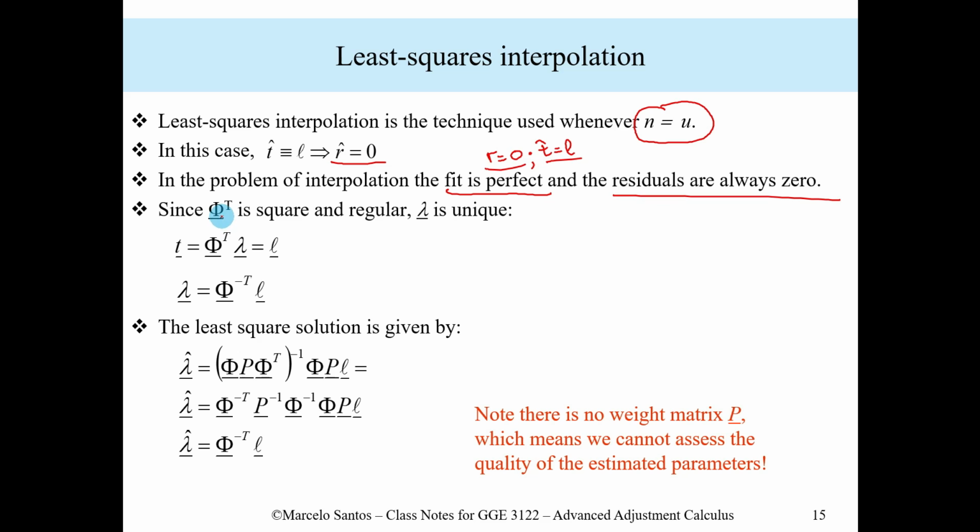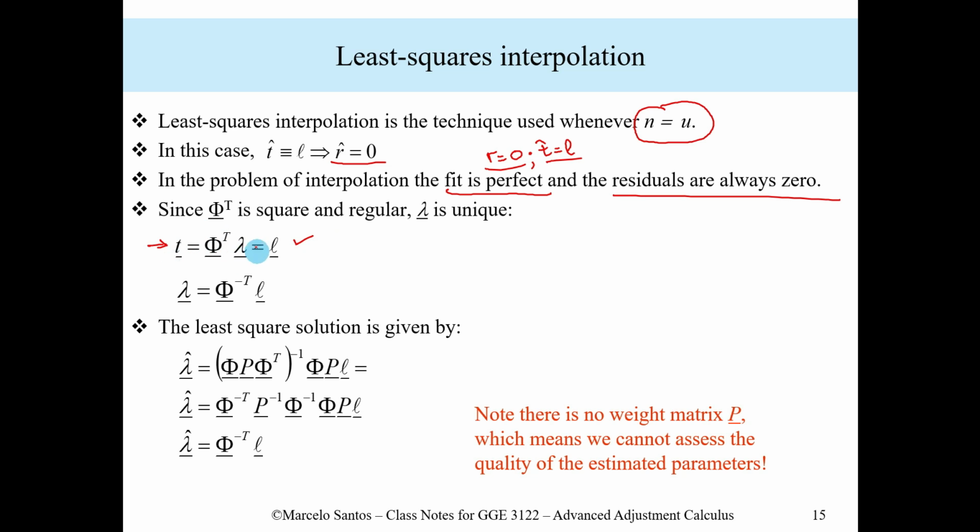Since the Vandermonde matrix is square and regular, its transpose is also square and regular, so we can obtain the solution for the coefficients directly from the polynomial representation. So this is t equals phi transpose lambda.